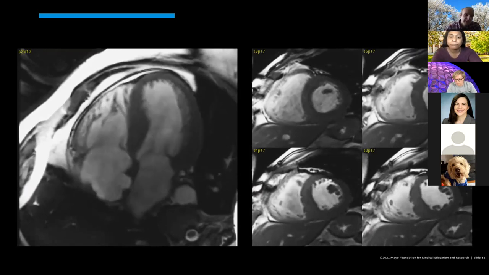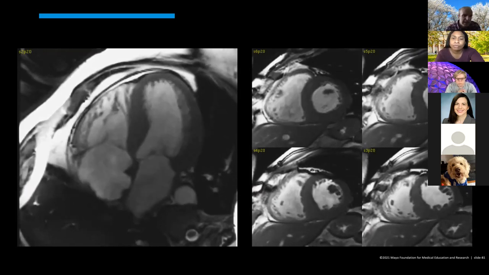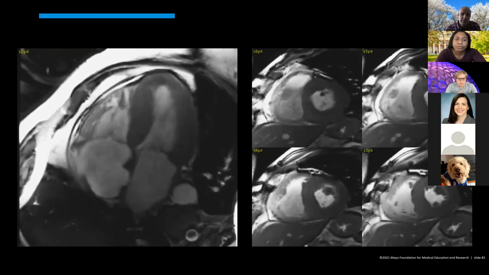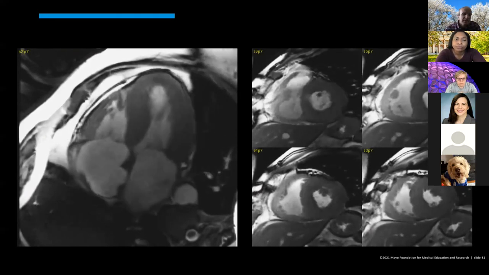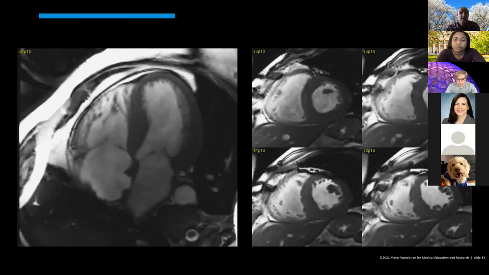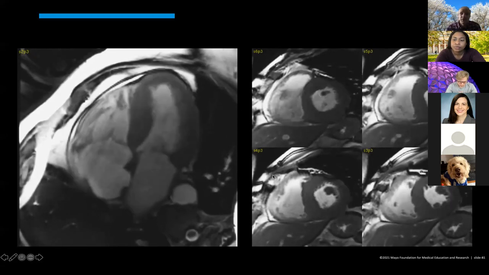In a test setting, they might put some calipers on the LV myocardium. In this case, it would be maybe 16 or 17 millimeters in the septum as well as the lateral walls. We have concentric left ventricular hypertrophy. The right ventricle also looks a little thickened.